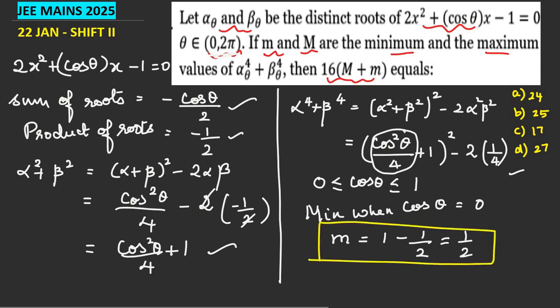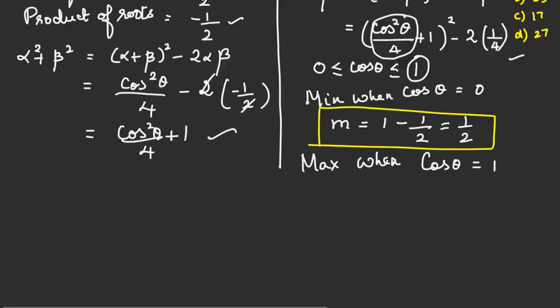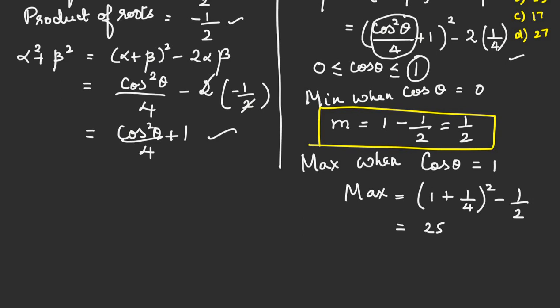Now the maximum value can be calculated by taking cos θ to be equal to 1 (cos²θ = 1 is the maximum value). So substituting, the maximum is (1/4 + 1)² − 1/2, which is equal to (5/4)², which gives us 25/16 − 1/2, which is equal to 17/16 as the maximum value.